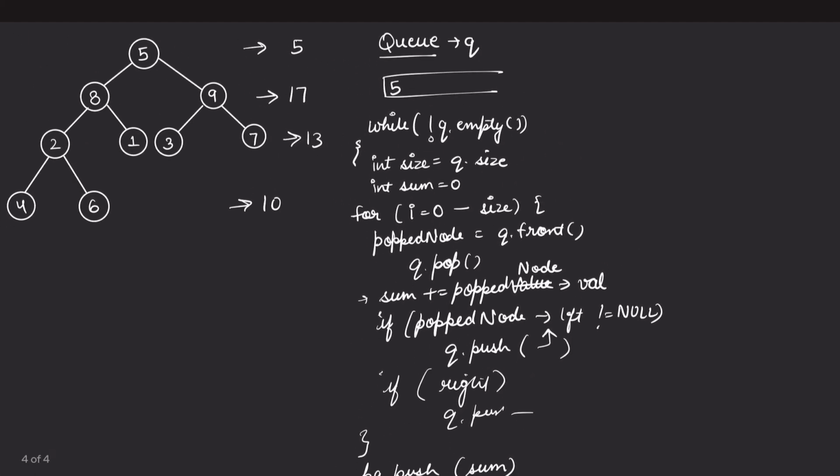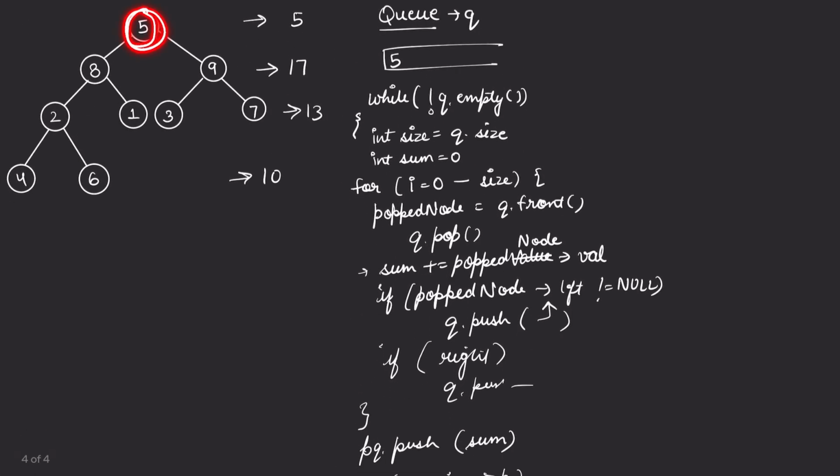So you saw initially we pushed 5, that is the root node, inside our queue. So at first your size will be 1. So this for loop will run only once, and when it runs for this root node, it will push its left node and right node inside the queue. So now 8 and 9 would be present here, and this 5 would have been popped at this step.